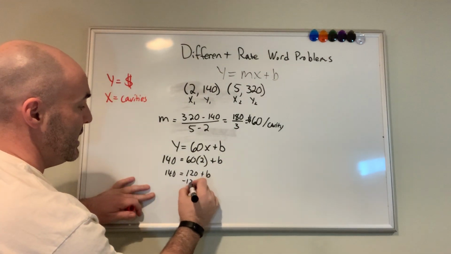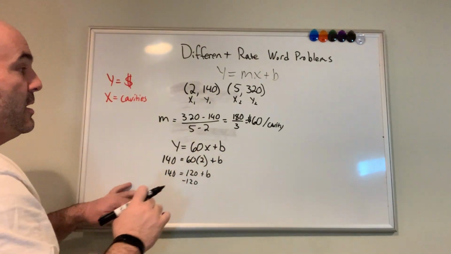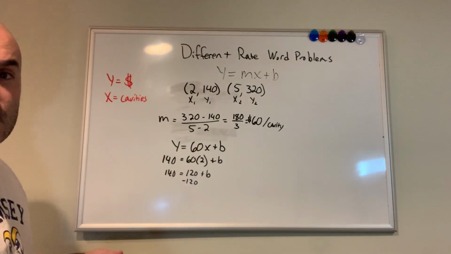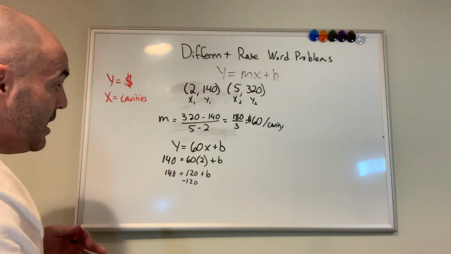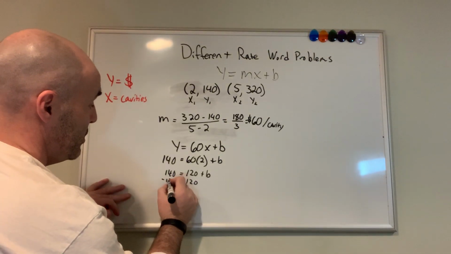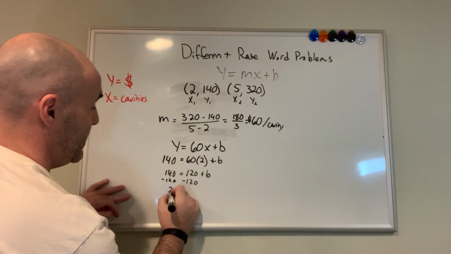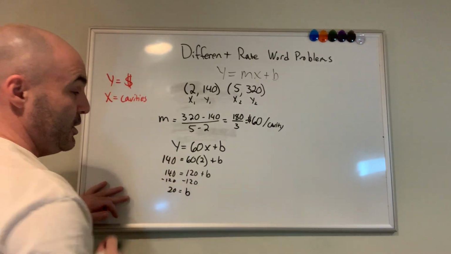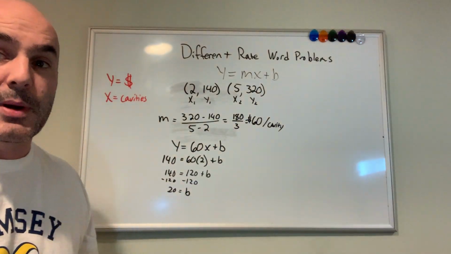So what we're saying is two cavities at $60 a piece is going to be $120, which means if you take that away from the 140, it must have been a $20 copay. So $20 just for showing up.